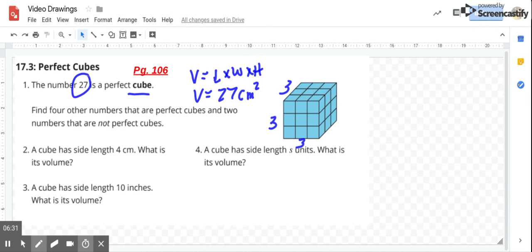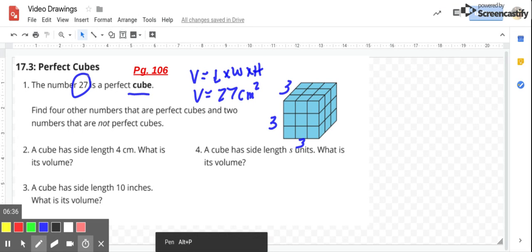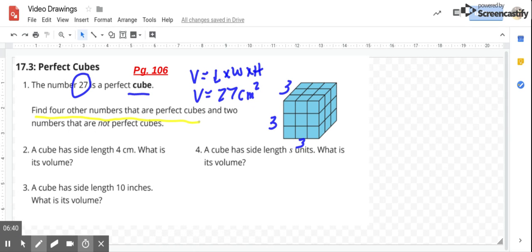So your activity right now is you need to find 4 other numbers that are perfect cubes. We know 27 is one of them. You need to find 4 more that could be perfect cubes, and I want you to write those down in your workbooks. Then I want you to answer questions 2, 3, and 4.